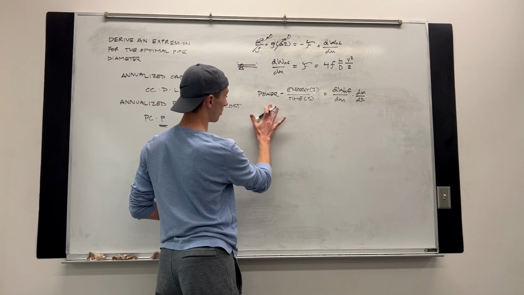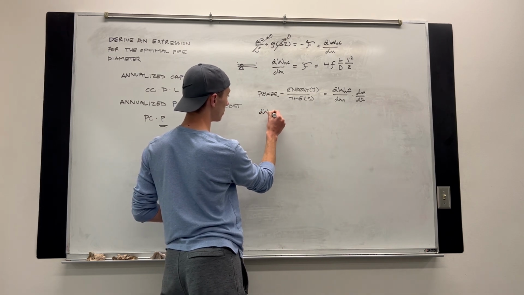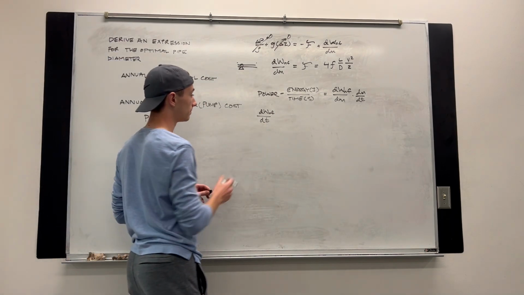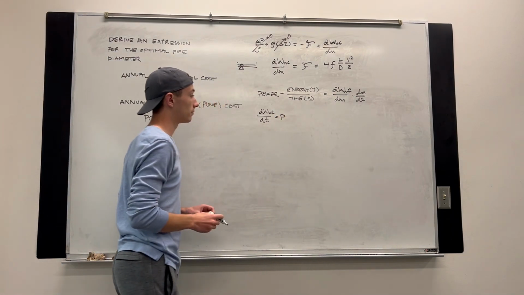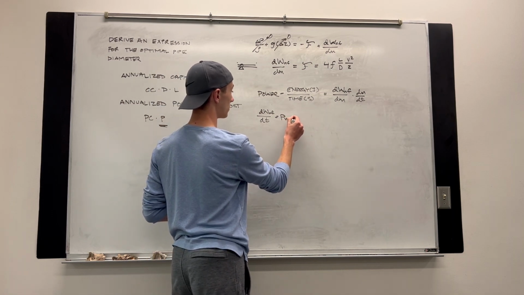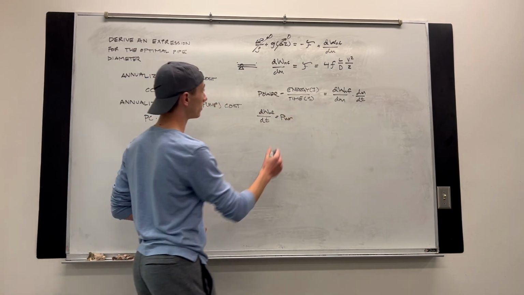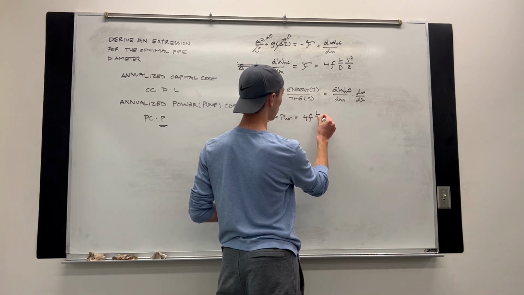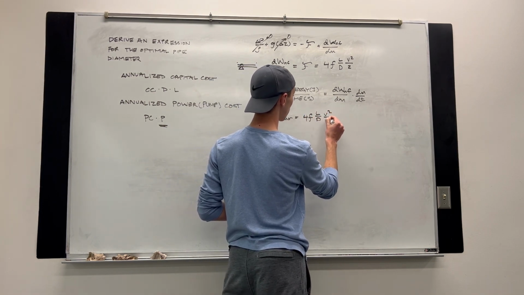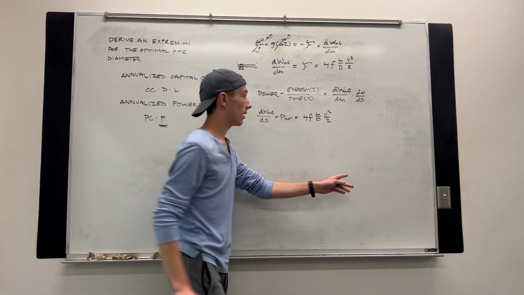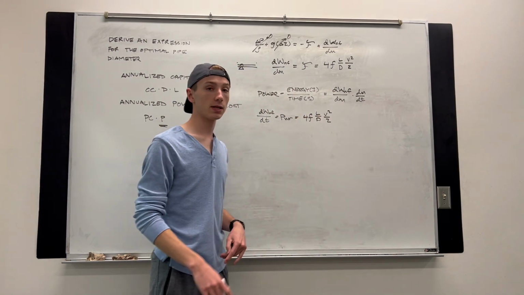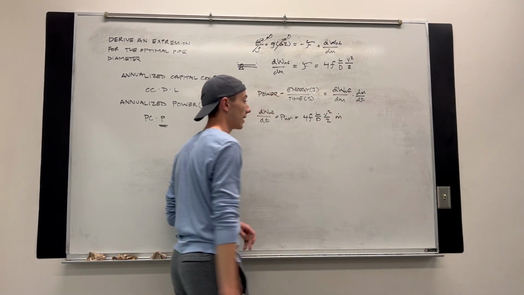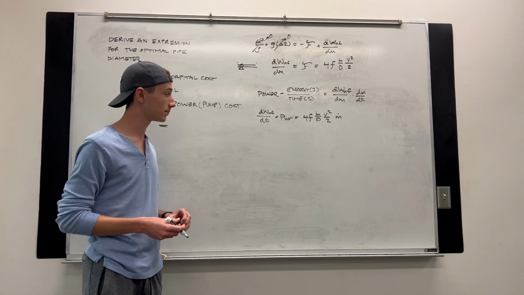I'm going to rewrite that as just dW/dt, or power, not to be confused with pressure. Power is equal to 4f L over D, V squared over 2 times dm/dt. I'm going to shorten that to m dot to make the algebra easier.